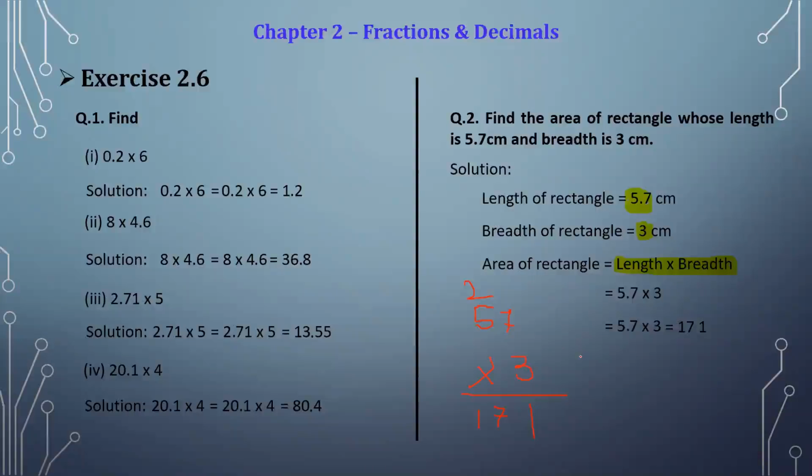After the decimal point only a single digit is present, so in the final answer, after the decimal point only a single digit is going to be present. Therefore the area of the rectangle is 17.1 centimeter square, which is the area of the rectangle whose breadth is 3 and whose length is 5.7. In this way we can solve examples of products of decimal numbers and whole numbers.